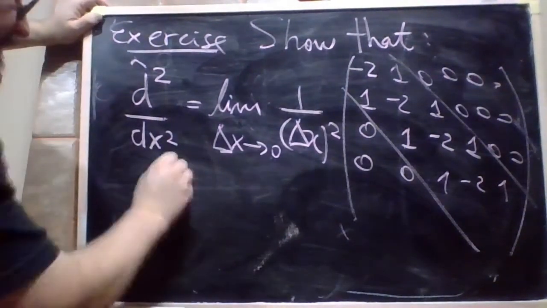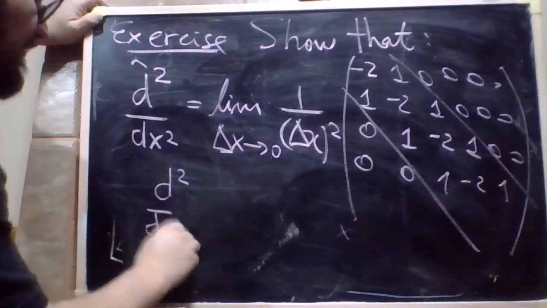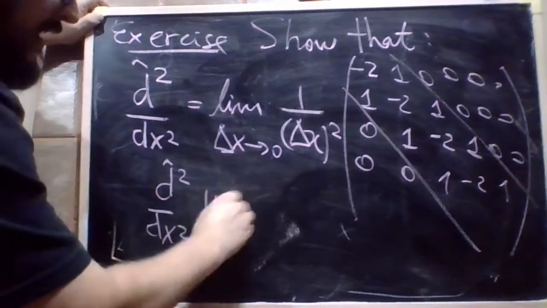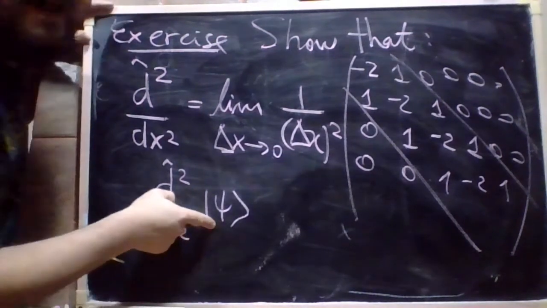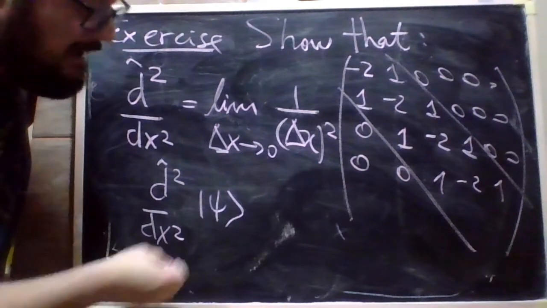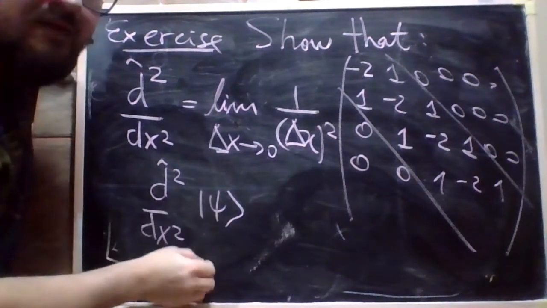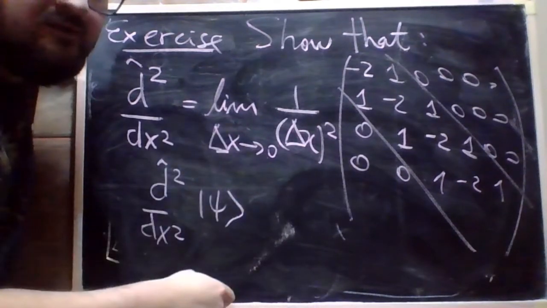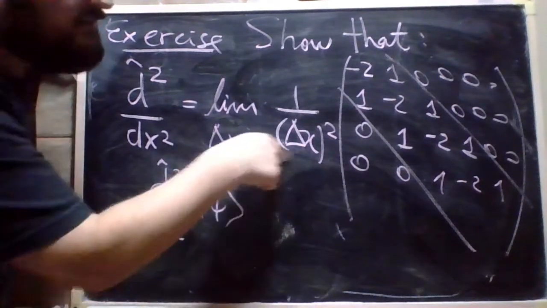So d2 dx2 is a matrix operator in the limit, operating on a vector in Hilbert space. In our case, in quantum mechanics, it's a Hilbert space, and this thing becomes more and more dense. It becomes infinite dimensional in the limit of delta of x going to 0.